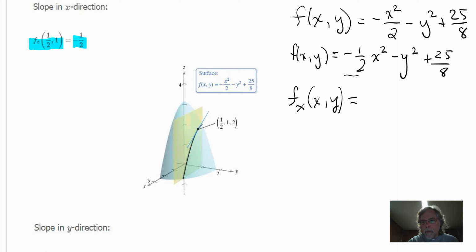So the first term is a regular old x derivative, negative 1/2 times 2x to the first. The second term is now a constant, so that differentiates to 0, just like the third term. So f sub x, the partial with respect to x, of x, y, is equal to negative 1/2 times 2, which is negative 1 x, negative x.